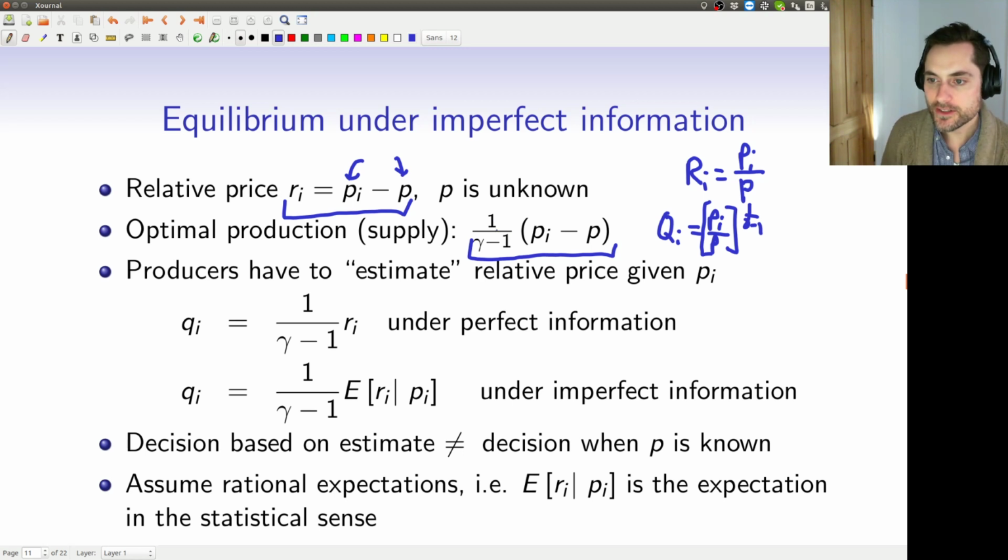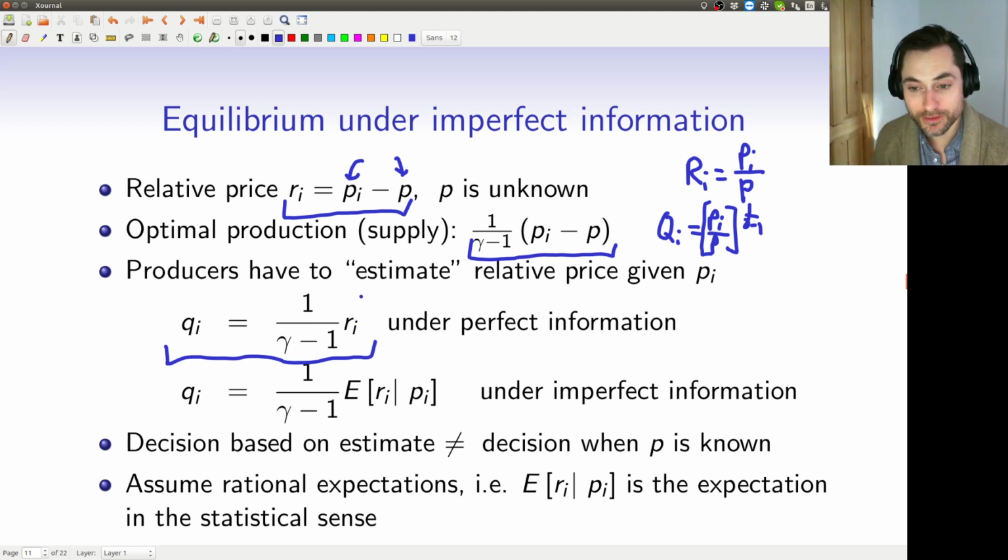So you can see that this depends upon the relative price r_i we've defined. It's going to be 1 divided by gamma minus 1 times little r_i. Under perfect information, firms are going to supply exactly 1 divided by gamma minus 1 times little r_i because they observe little r_i. But now, under imperfect information, they only observe p_i, their own price.